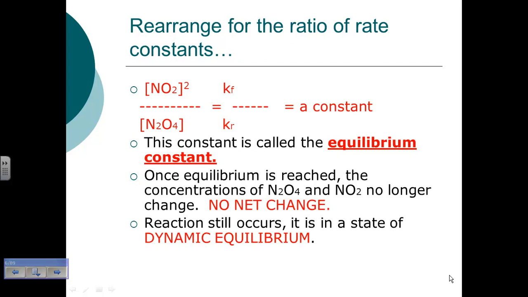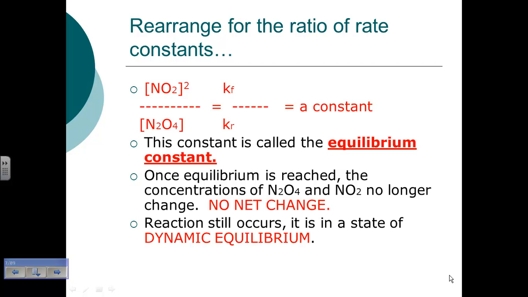What I'm going to do now is rearrange this ratio to get the K constants by themselves. So what I'm hoping to do, if I think about what we just had, Kf set equal to Kr, I want to get the K's on one side and the concentrations on the other side.